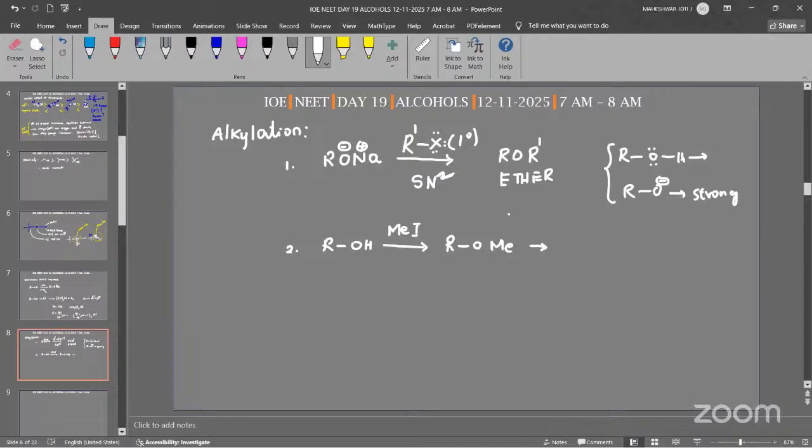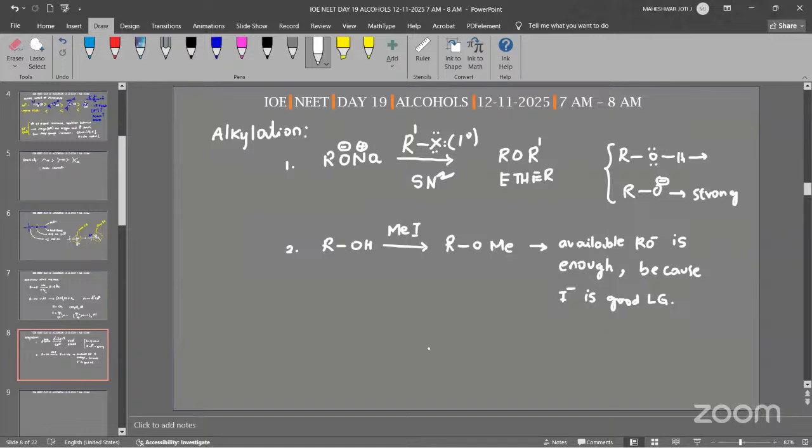Because the available RO minus is sufficient or enough, and because I minus is a good leaving group, right?